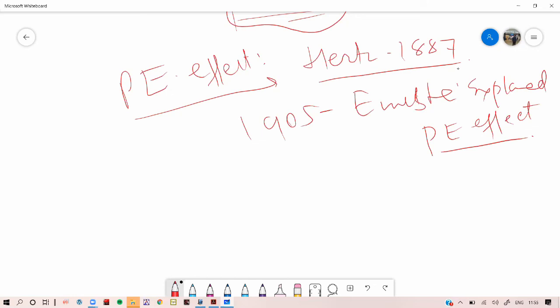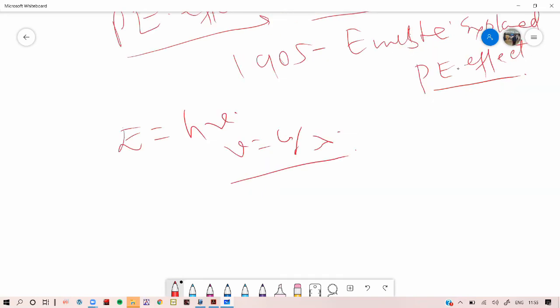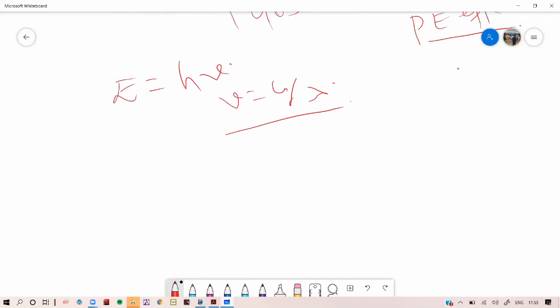The basic quanta, called corpuscles, were named photons, having energy E equal to h nu, where nu is c by lambda. He also said that the photon is sufficiently localized, so it does not spread in space. So it is a particle actually, a localized entity.